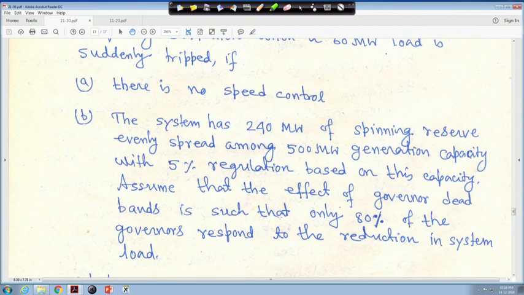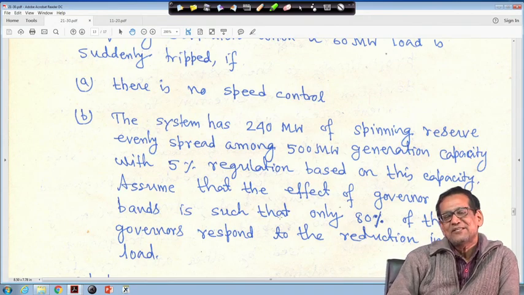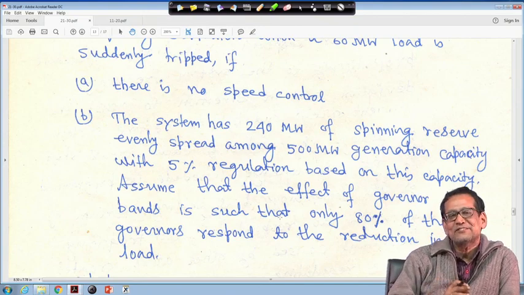Actually, governor deadband, if time permits, I will tell you at the end, as you can find deadband in every system. We will not discuss the definition of deadband here, only study it for the sake of this numerical.